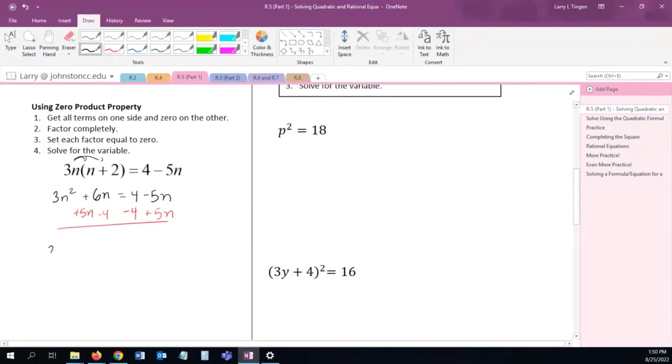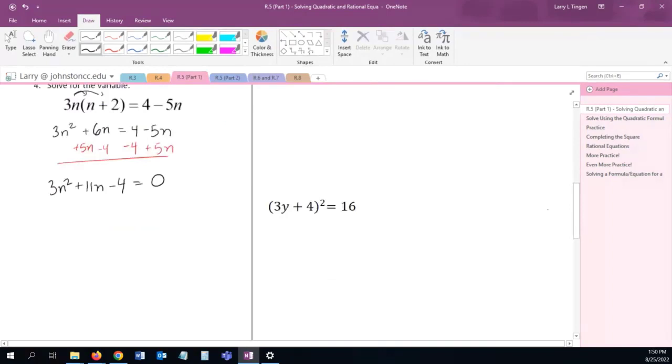So what does that give me? 3n squared is not impacted. 6n plus 5n is 11n. And then there is no constant term over here, so just 0 minus 4 is negative 4. All right. So I have 3n squared plus 11n minus 4 is equal to 0, and I'm asked to solve it.